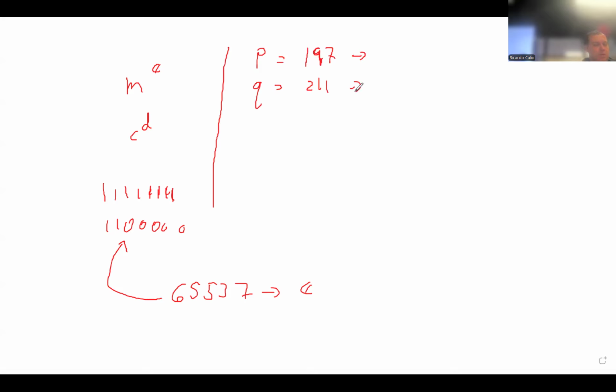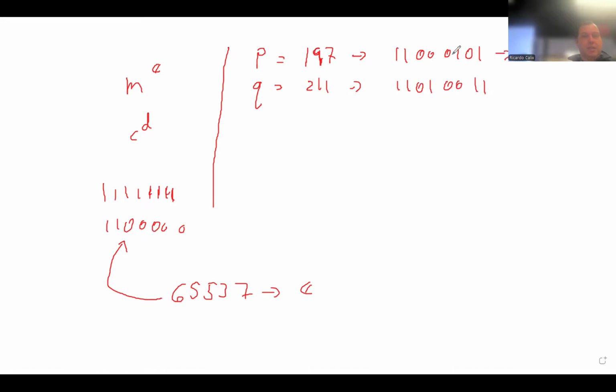So p is 197, which should be 11000101. And then you have q, which is 211, which would be 11010011. Do you see that? You already know how to do this because you know how to convert from binary to decimal.